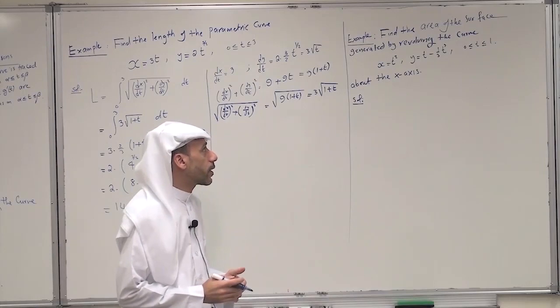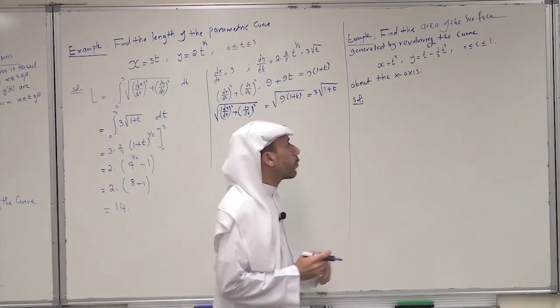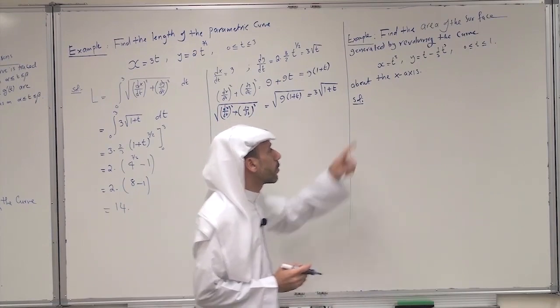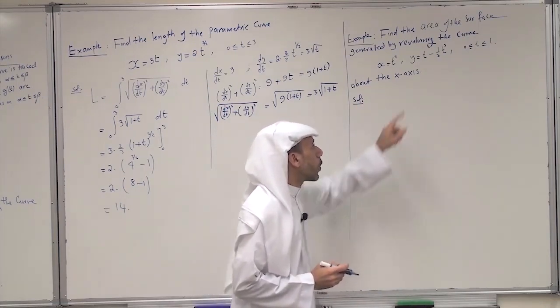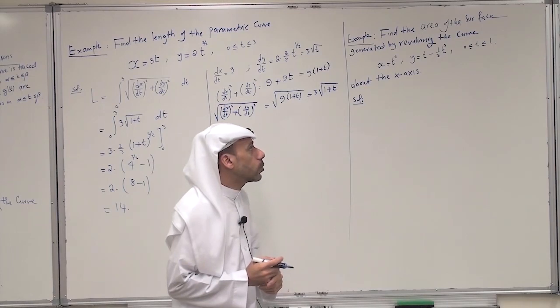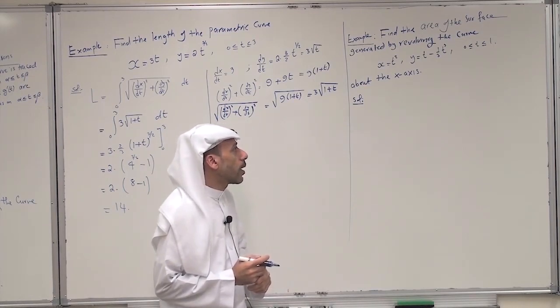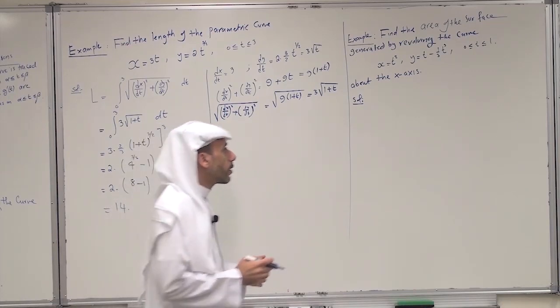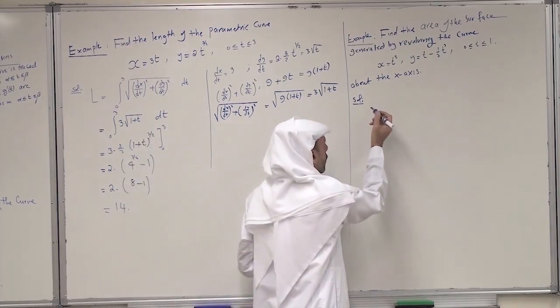We consider another example. Find the area of the surface generated by revolving the parametric curve x equals t squared, y equals t minus 1/3 t cubed, over the interval 0 to 1 about the x-axis. Again, just apply the formula directly.